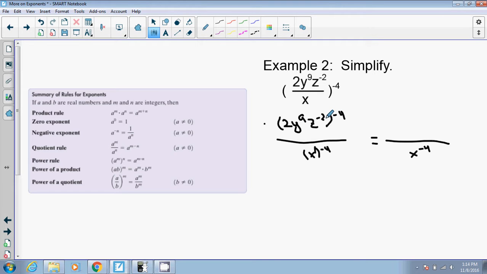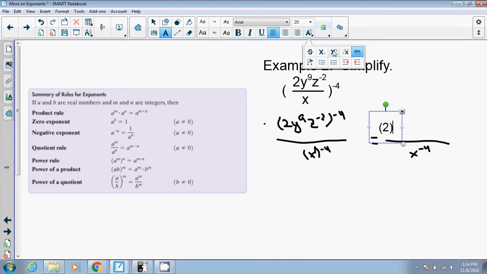In my numerator, I want to use the power of a product rule now. So I'm combining all of these rules together. Notice I'm multiplying the 2, the y to the 9th, and the z to the negative second, and I'm raising all of that to an exponent. So I want to put that exponent with each of these individual values. So I have 2 raised to the negative 4th times y to the 9th raised to the negative 4th.